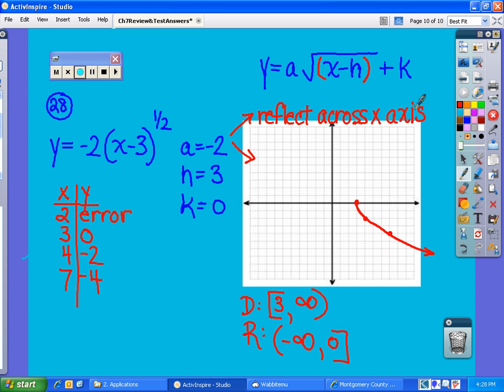The 2 causes a stretch. Anytime you multiply by something greater than 1, it gets bigger. So in this case, we get a stretch vertically by a factor of 2.